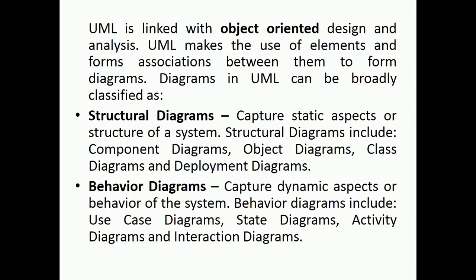What are structural diagrams? Diagrams that capture static aspects or structure of a system are known as structural diagrams. Structural diagrams include component diagrams, object diagrams, class diagrams and deployment diagrams. We will see them in the next slides.